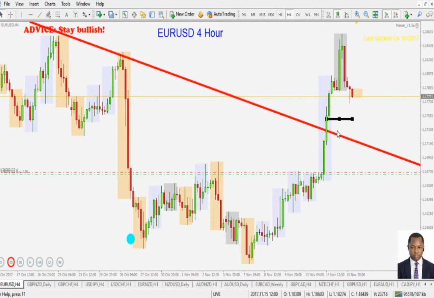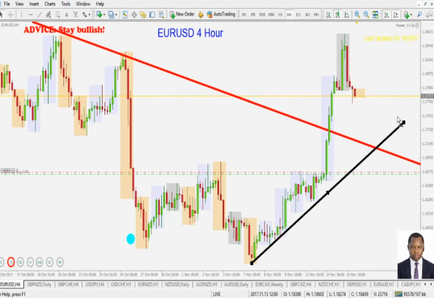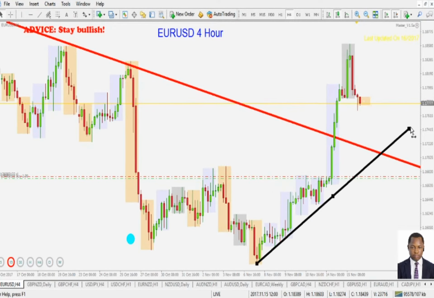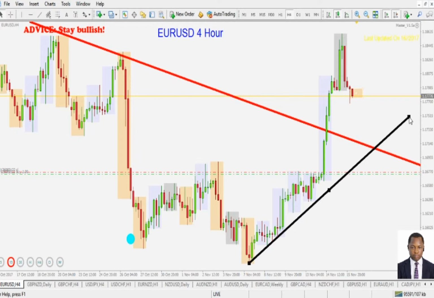We could draw this trend line from this low. We could draw this trend line from that low. Just to be more accurate, we could keep that trend line right here.